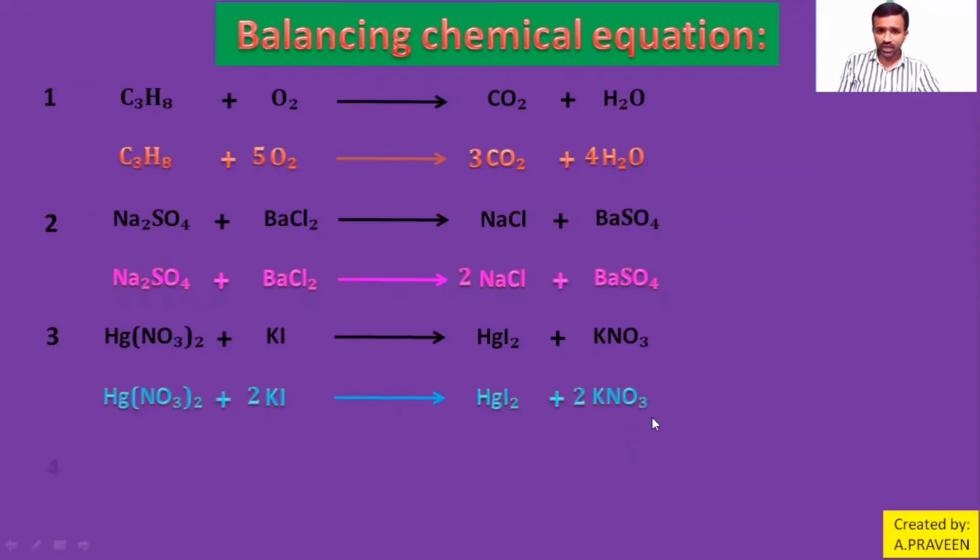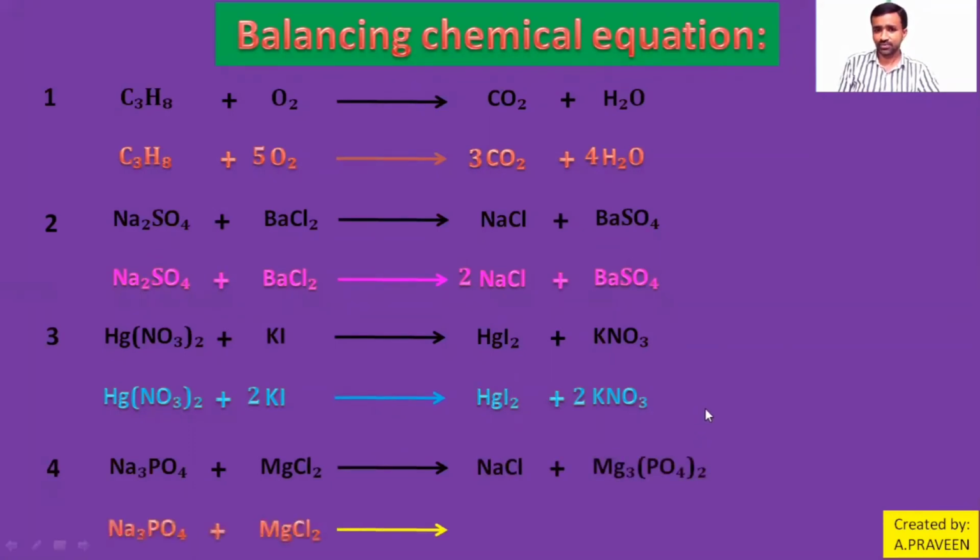Then I'll come to the fourth equation, which my viewer asked me to solve without using the table. That is sodium phosphate reacting with magnesium chloride to produce sodium chloride and magnesium phosphate. So let me copy this equation again.